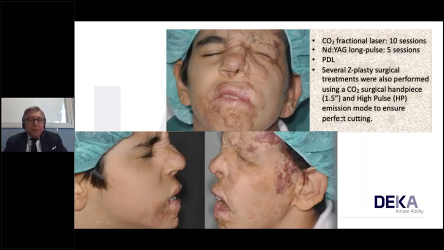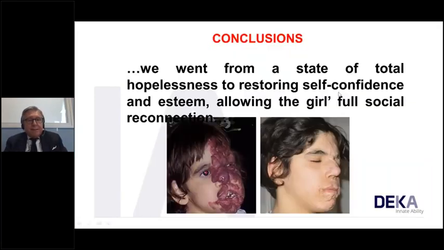So we cut several times, but we mainly used the fractional CO2 laser with other vascular lasers, as you can see in this slide. But at the end, we got these results. We went from a state of total hopelessness to restoring self-confidence and esteem, allowing the girl full social recognition.